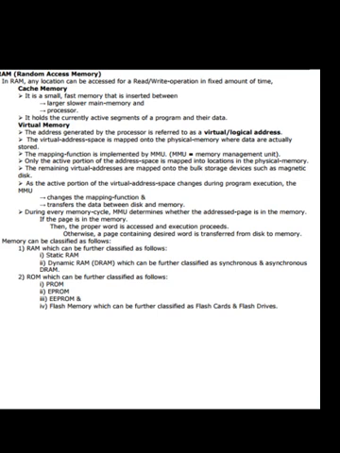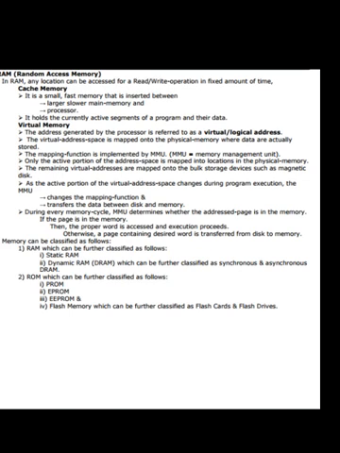Virtual memory: the address generated by the processor is referred to as a virtual or logical address. The virtual address space is mapped onto the physical memory where data are actually stored. The mapping function is implemented by the MMU. MMU means Memory Management Unit. Only the active portion of the address space is mapped into locations in the physical memory. The remaining virtual addresses are mapped onto bulk storage devices such as a magnetic disk.